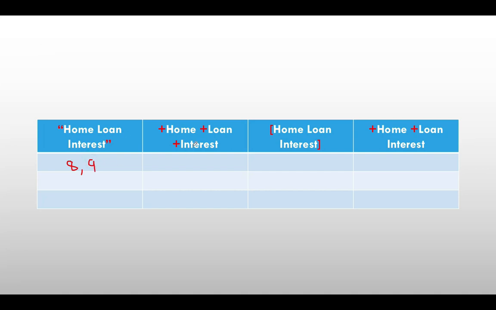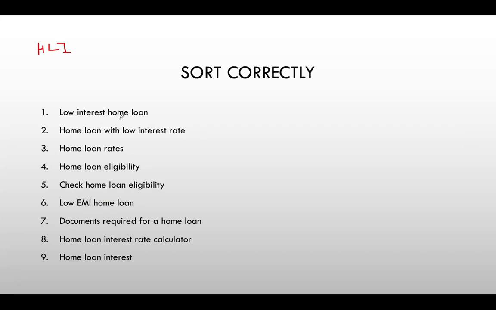Now let us look at modified broad match, home loan interest. All three words are required, but sequence doesn't matter in modified broad match. Low interest home loan: we have home, loan and interest, so number 1 matches. Number 2 has home and loan, but interest is not there, so here your ad won't get triggered. Again, here interest is missing. Even here interest is missing.